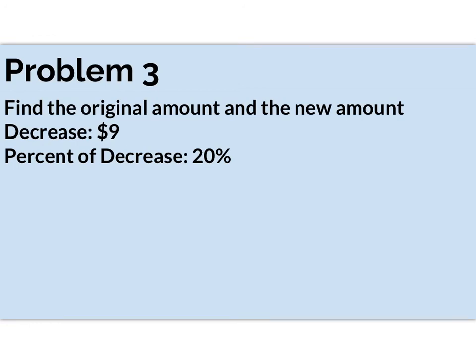Find the original amount and the new amount. Okay, so 9 is our change over whatever the original amount is. So we'll just call that O for original equals 20 over 100. So we're using these as proportions because a percent is a fraction. So cross multiplying, let me use OA for original amount. 9 times 100 equals 20 times OA.